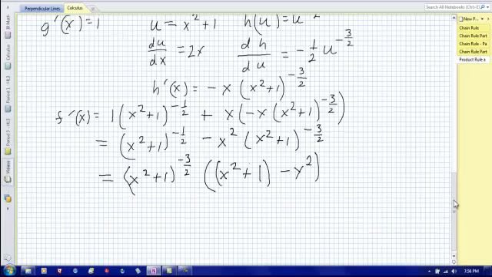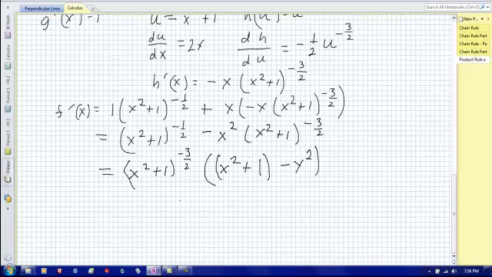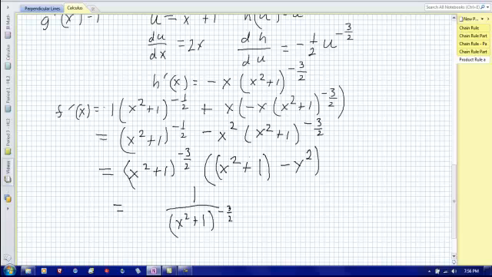Now the reason I wrote it this way is, well, these x squareds cancel out. All I have left is 1 on top, and then x squared plus 1 to the negative 3/2. No, not to the negative 3/2. When I put it on the bottom, the negative goes away, right? So, it should be 1 over x squared plus 1 quantity to the 3/2.